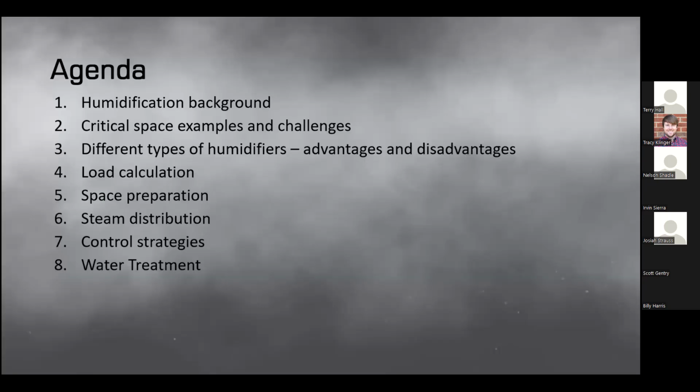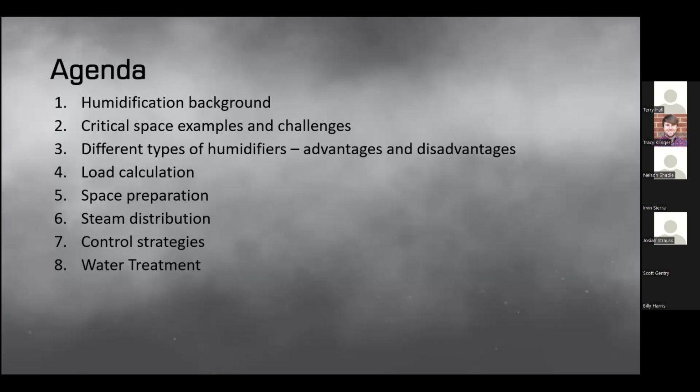I want to talk about humidification in general, some critical space examples and challenges, and then go over different types of humidifiers and their best fit. We'll talk about load calc, space preparation, steam distribution, pros and cons of different methods, and what to look out for when selecting a distribution manifold for steam.